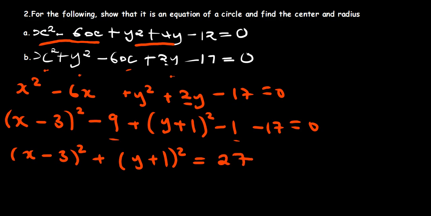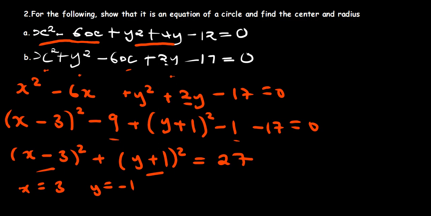So I have identified that this looks like the general form of the circle as we have looked at. So most definitely, this is a circle. And then I find the center. I'll equate this to 0, then I have x is equal to 3. I equate this to 0, then I have y is equal to negative 1.